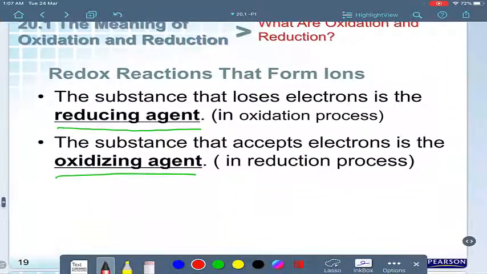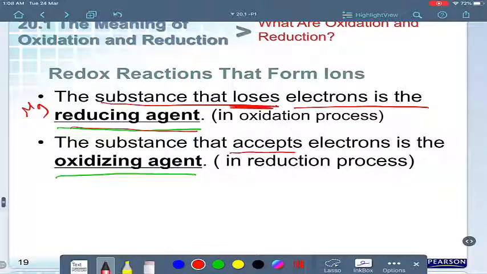So what is meant by reducing agent again? The substance that loses electrons in the reaction. It's a reducing agent like Mg. The substance that accepts or gains electrons, we call it the oxidizing agent, like sulfur.